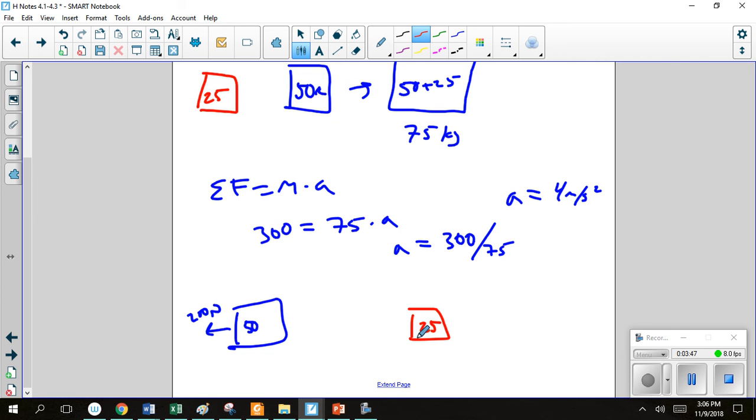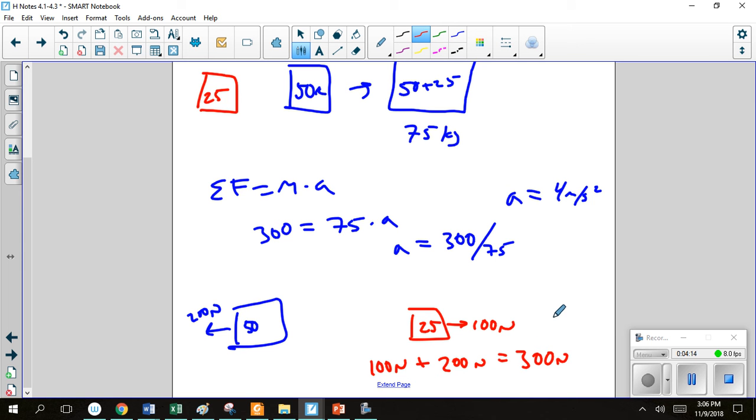With that same idea, 25 times 4, we're looking at a force applying that way of 100 newtons. When we look at our combined forces, 100 newtons plus our 200 newtons should equal our net force, which is 300 newtons. We verified it.